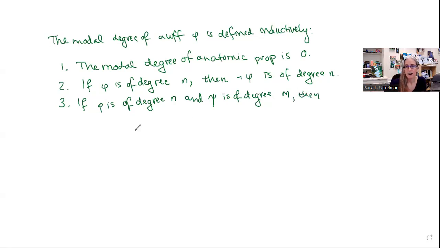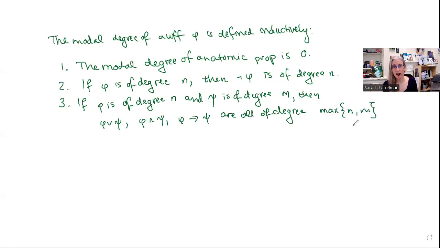Then the disjunction, the conjunction, or the implication between these two formulas will all be of degree max of n and m, which is just a fancy way of saying whichever of the two is bigger, that's the modal degree that you have.